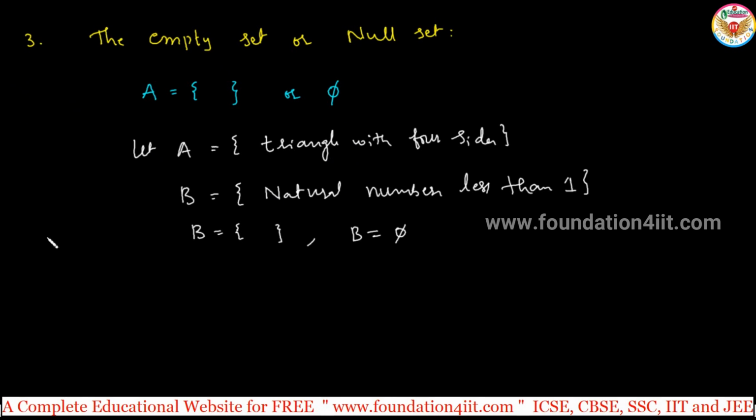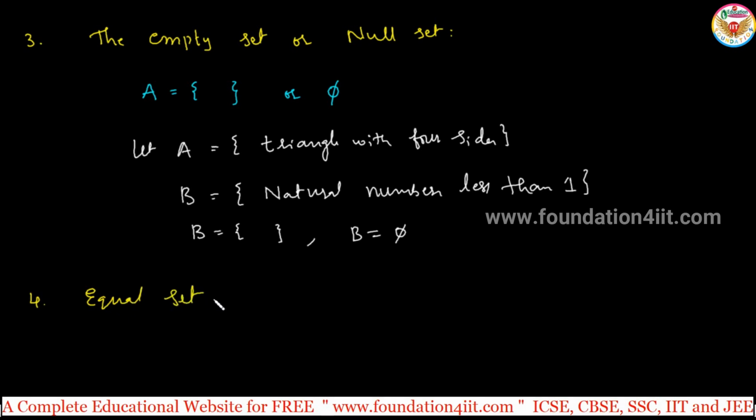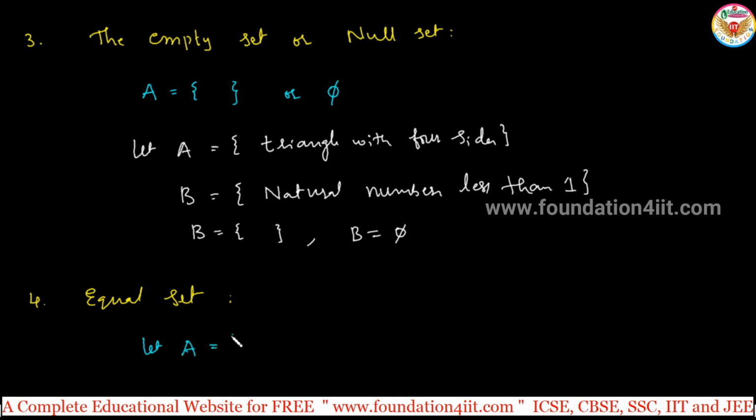Next one, equal sets. Next one is equivalent. First, equal set. Two sets are said to be equal if the elements of the two sets are the same. Then we can say those two sets are equal sets. Like let A. A is having elements 1, 2, 3, 4.